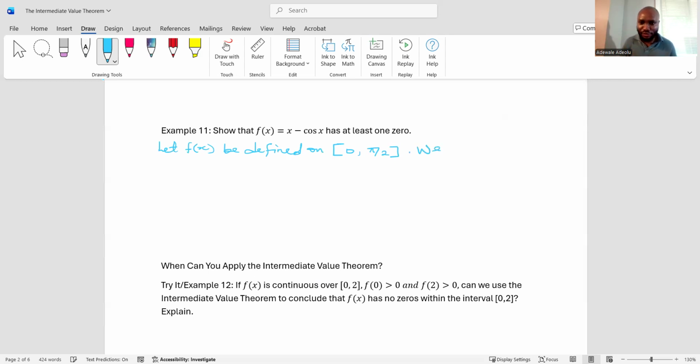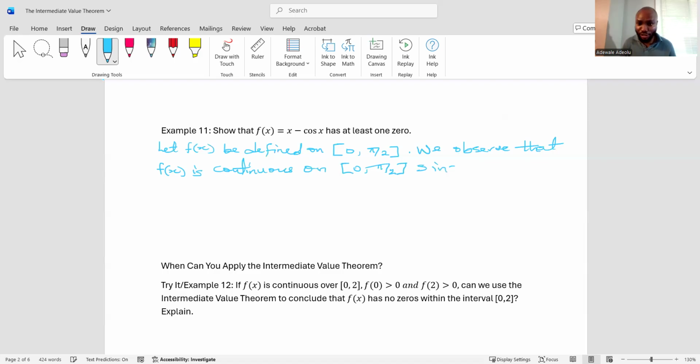We observe, what do we observe? We observe that f of x is continuous on [0, pi over 2]. Is that true?